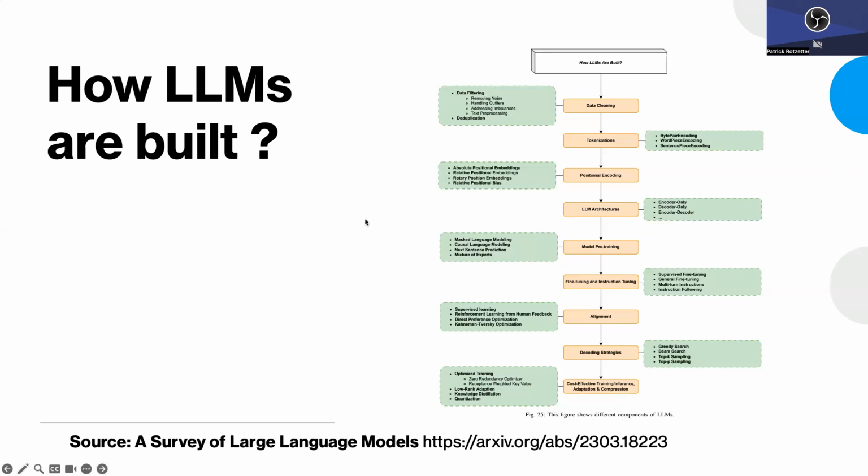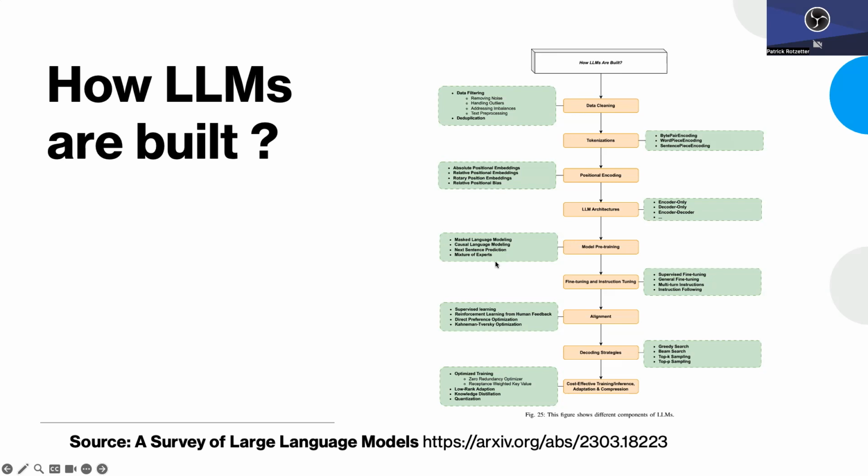Then after all this, you have to choose the large language model architecture. I will see that a bit later: encoder only, decoder, encoder-decoder. And then you have to choose what kind of training you want to do, depending on your use case. If you want to do word prediction, sentence prediction, mixture of experts.